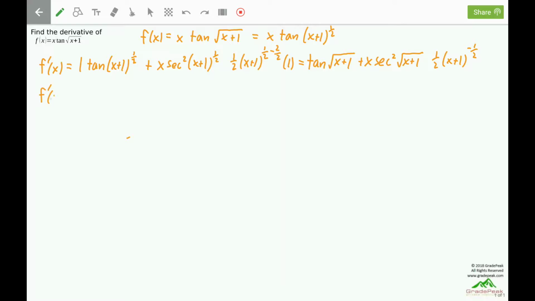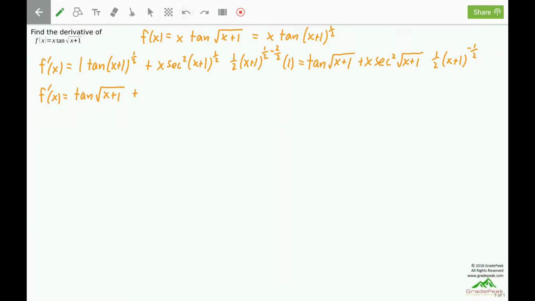So f prime of x equals tangent of the square root of x plus 1 plus, now the second term, what we have going on here is a negative exponent, so this I'm going to move to the denominator, which means it'll move down there with the 2 that's in the denominator. Now everything else is going to stay in the numerator, and what we have left in the numerator is that entire expression times that 1 in the numerator of that fraction.